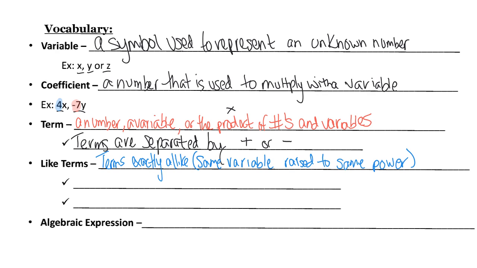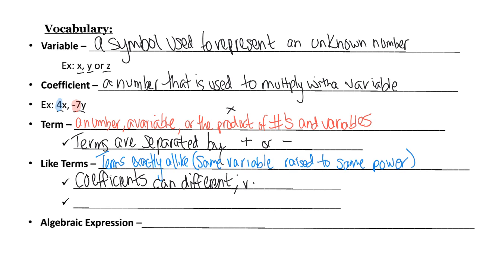Now, there's some things about like terms. Remember we talked about coefficients. Coefficients can be different numbers as long as the variables are the same.